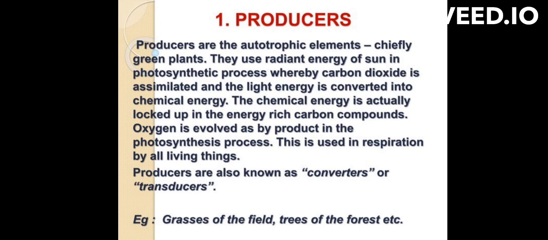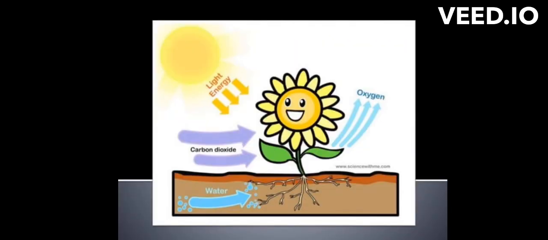The chemical energy is locked up in the energy-rich carbon compounds. Oxygen is evolved as a byproduct in the photosynthesis process. This is used in respiration by all living things. Producers are also known as converters or transducers. Examples: grasses of the field, trees of the forest.